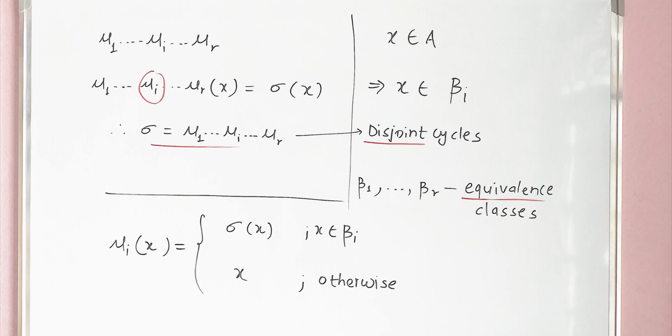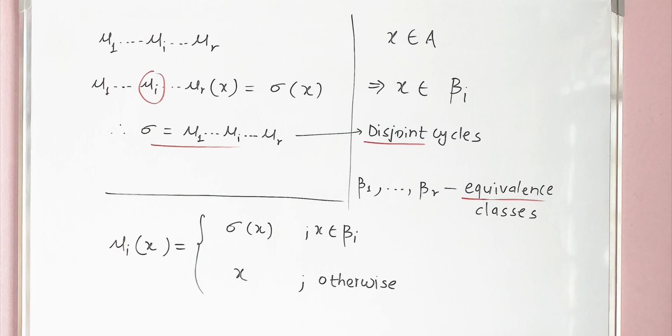Now consider any element of A, x belongs to A, then x belongs to one of these orbits of sigma, and only one of the orbits of sigma, because orbits are equivalence classes. Now operate x by this product, we get sigma x. The product times x equals sigma x, because x belongs to only one of the orbits.